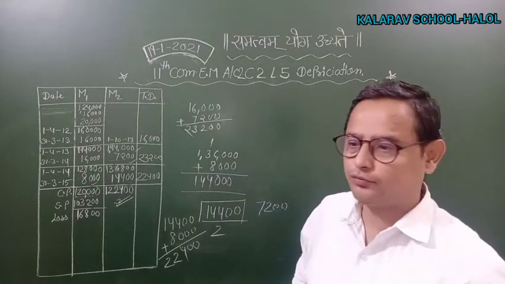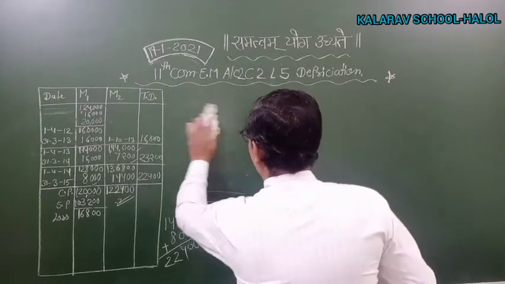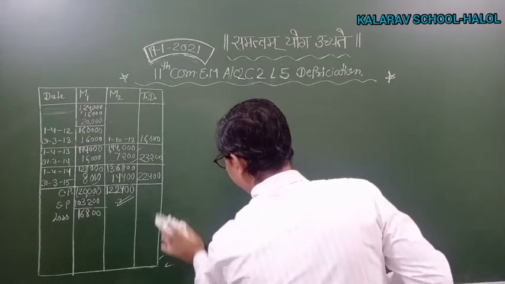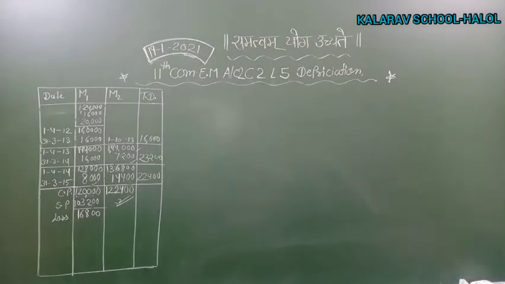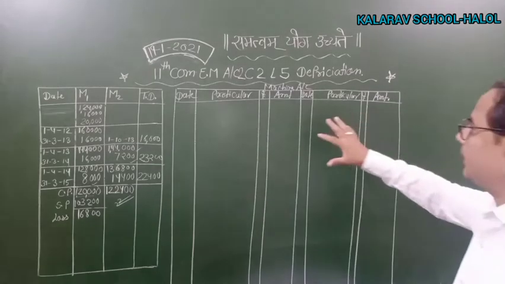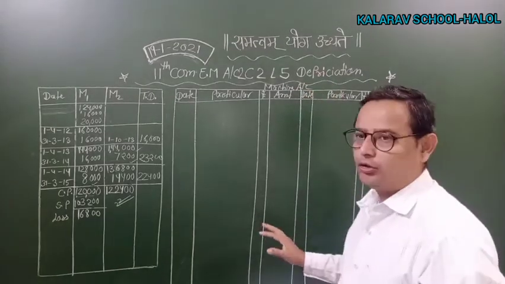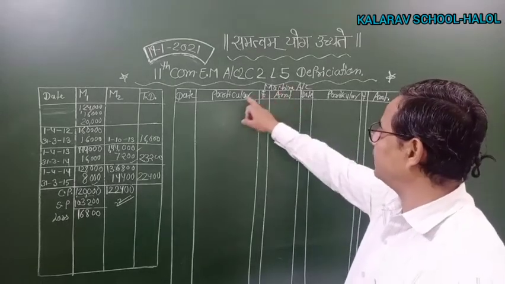Now here first I am making the machinery account. Now see children, as per working note I can write the machinery account. Now you know very well, whenever we purchase any asset, we debit in the machine account.